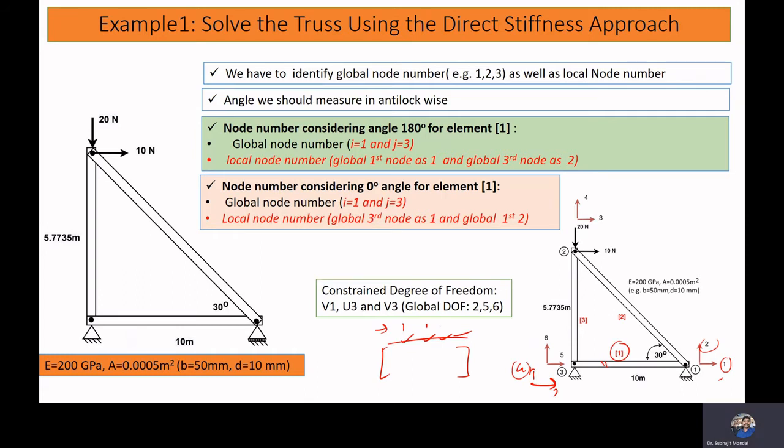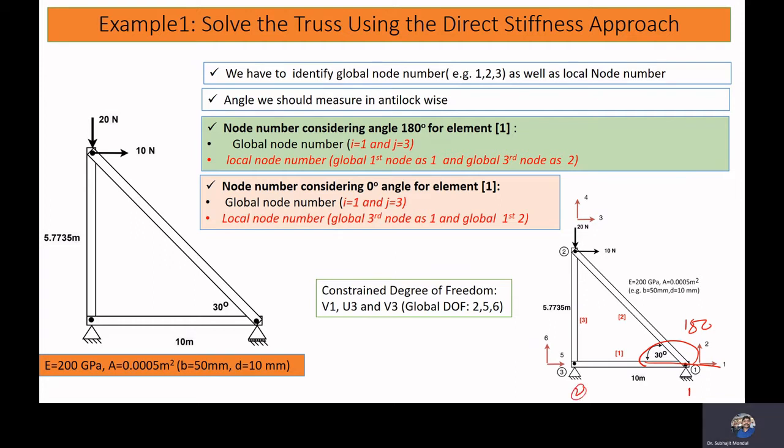Now if you want to measure the angle, you always have to measure the angle anti-clockwise. For this element 1, we have the node numbering here, and the angle is 180 degrees when you consider this as the first node and this as the second node.